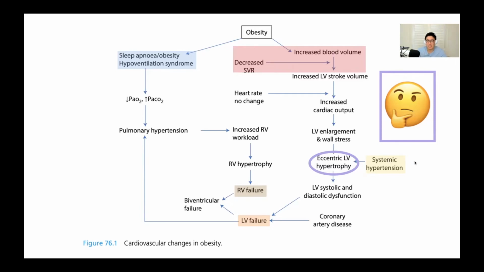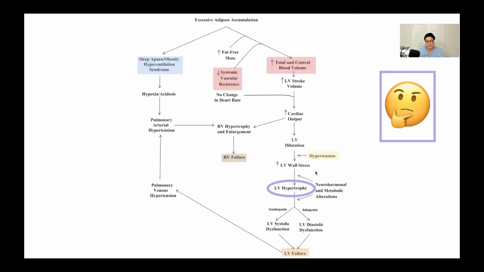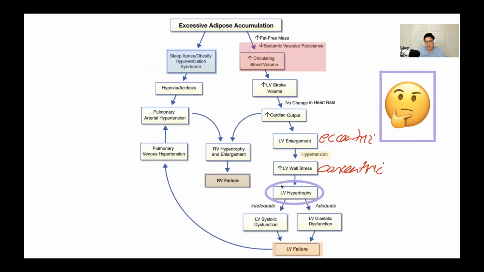And this hopefully makes sense to you, that systemic hypertension doesn't normally cause eccentric hypertrophy. So this would be an error from Power and Cam. Not an error, but not quite right. And which is why the original articles just have left ventricular hypertrophy, because you can have both eccentric or concentric.